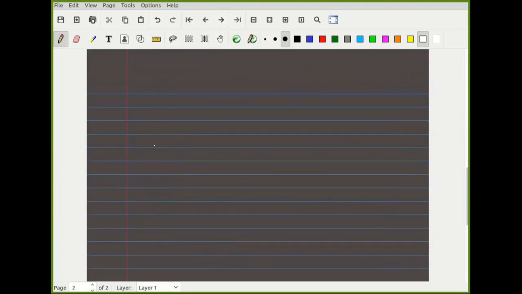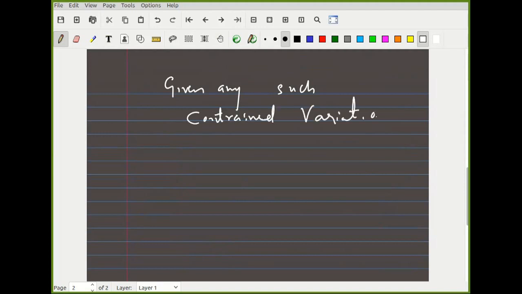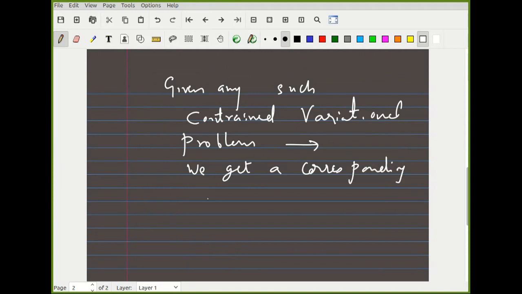That's something one has to read through in theory. So given any such constrained variational problem, one looks at a corresponding Euler equation, or more precisely the Euler-Lagrange equation.